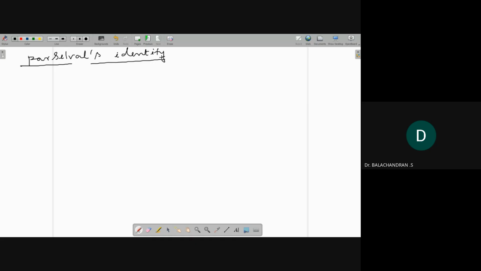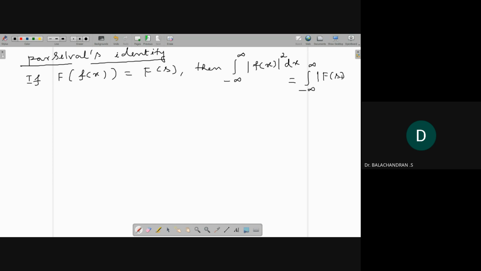So the statement: if the Fourier transform of f of x is equal to the function F of s, then the integral from minus infinity to plus infinity of modulus of f of x whole square into dx is equal to the integral from minus infinity to plus infinity of modulus of F of s whole square into ds.